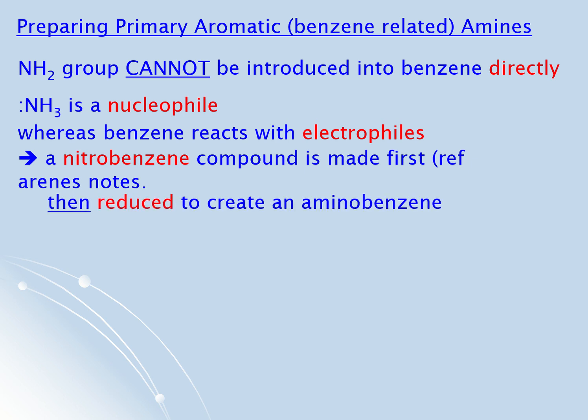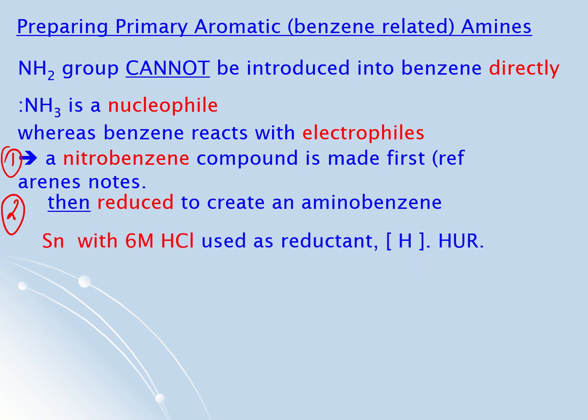We then reduce that nitrobenzene to form aminobenzene, or phenylamine as it's also called. So you have 2 steps starting with benzene here: a reaction 1 and then a reaction 2, a nitration followed by a reduction.